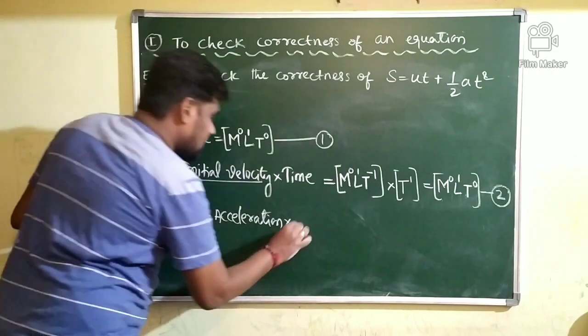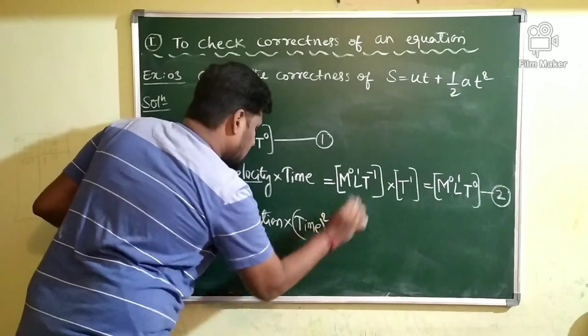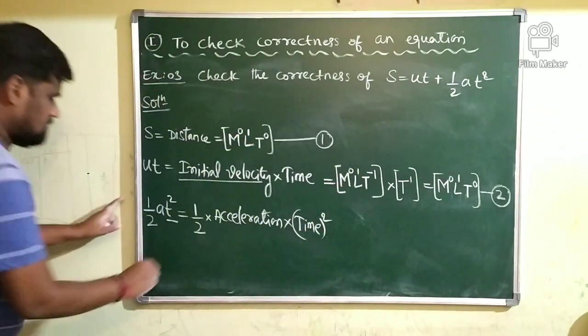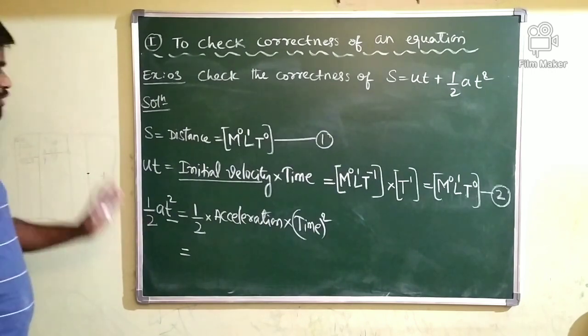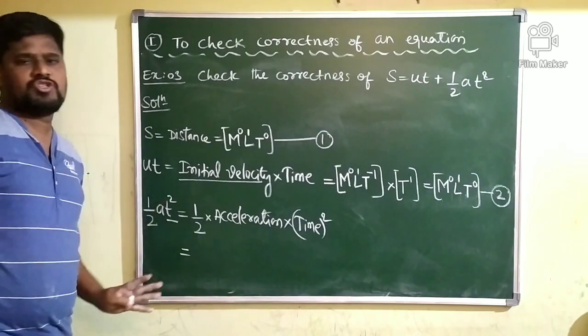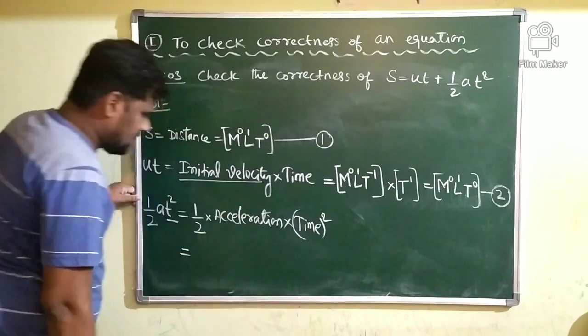What is t square? Time squared. Okay? What is half here? Half is a number. As I said, numbers are dimensionless, so their dimensions are irrelevant. Therefore, the number should be neglected in the dimensions. Half is a number, I am neglecting it.